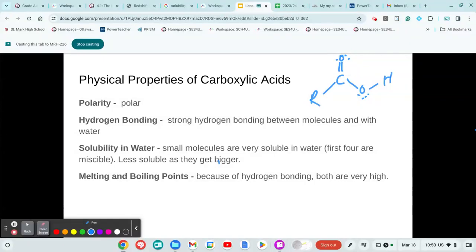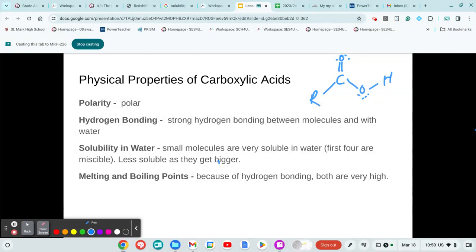Yeah, it's going to be superpolar. We've got a bond between oxygen and hydrogen, a bond between carbon and oxygen, and a bond between oxygen and carbon there. The whole carboxylic acid functional group is very polar. It also forms strong hydrogen bonds with itself and with water because you've got that oxygen bonded to the hydrogen.